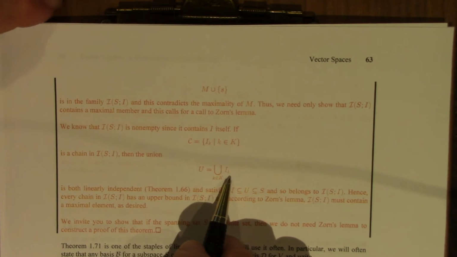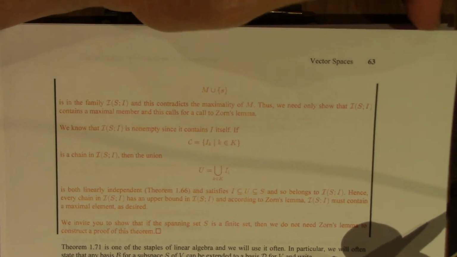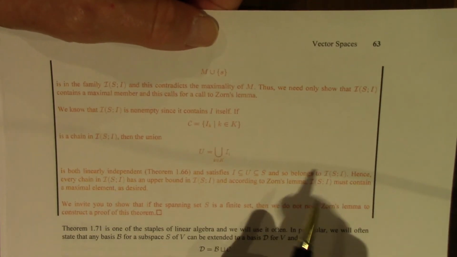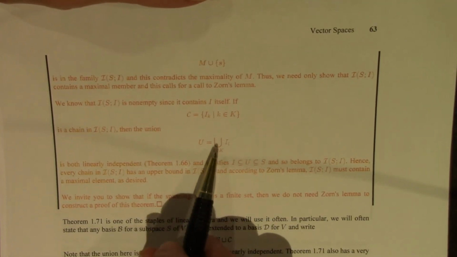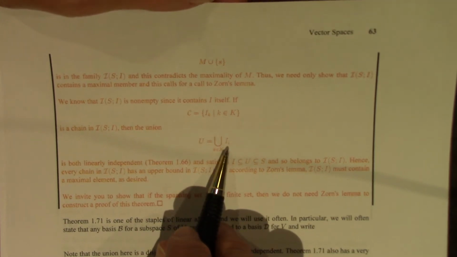We need to find an upper bound for the chain. If you look at the union, because we are dealing with a chain of linearly independent sets, we also had a theorem that says their union will be linearly independent.